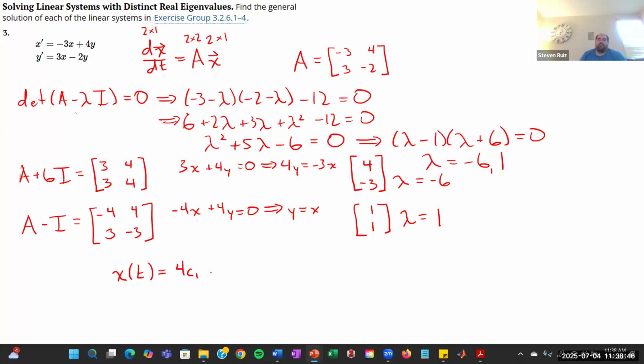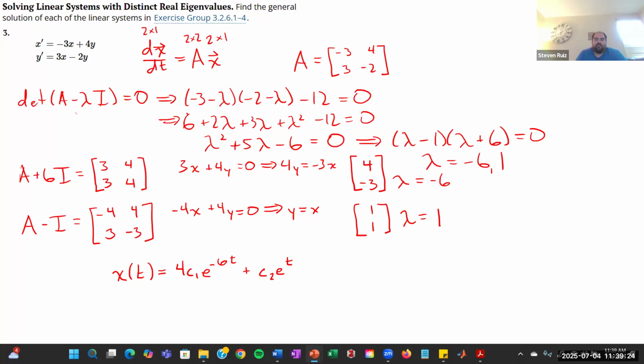So 4c1 e to the -6t, because that's our eigenvalue. Plus 1 c2 e to the t. So a lot of ones there. The eigenvalue is 1. The x-coordinate of the eigenvector is 1.